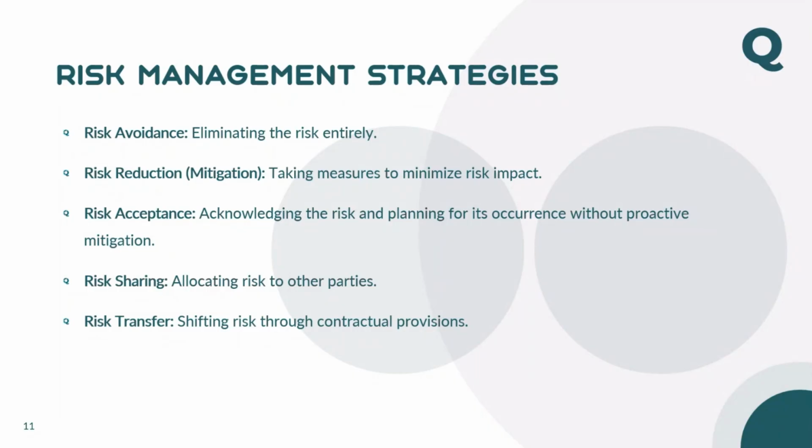We have 5 mechanisms to manage the risk basically, which are avoidance, reduction, acceptance, sharing, and transfer. Let us see one by one what they are. Okay, we'll start with risk avoidance. That means how to avoid the risk. Avoiding the risk means how we can eliminate a potential risk.